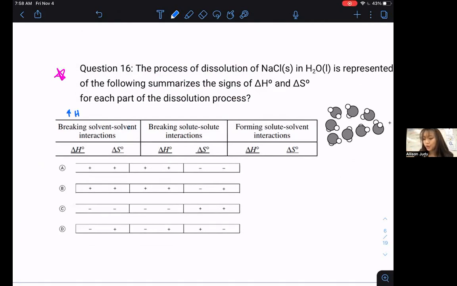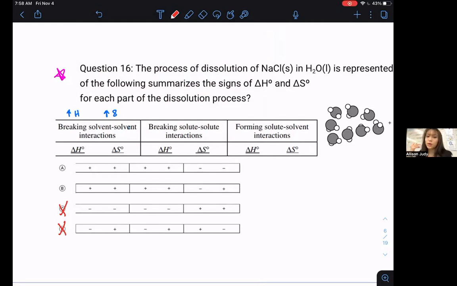I also know that as I pull things apart on a physical state level, I am increasing my entropy, because I'm creating a more disorganized system. Things are more random, and there are more possible configurations, microstates. So immediately you can cross out option C and option D, because they definitely don't have the right first-stage description of the enthalpy and entropy.